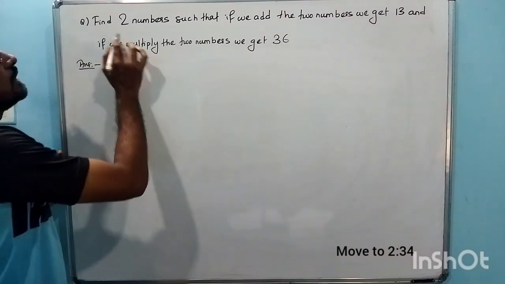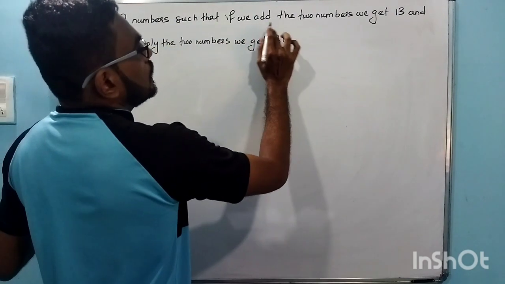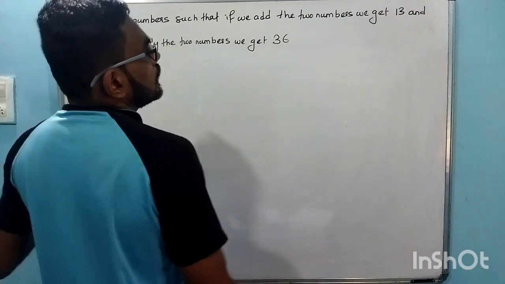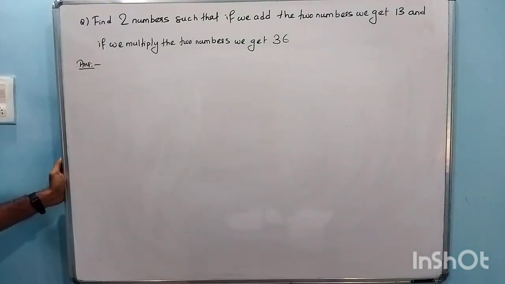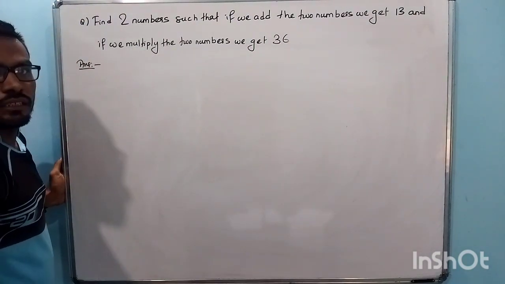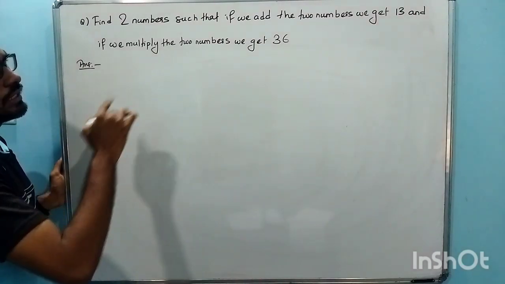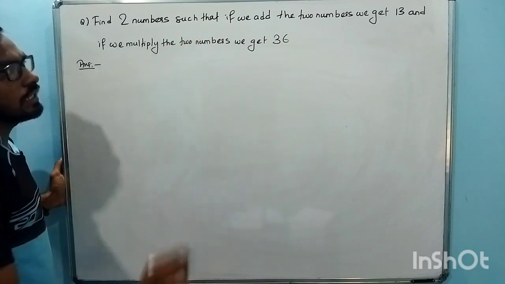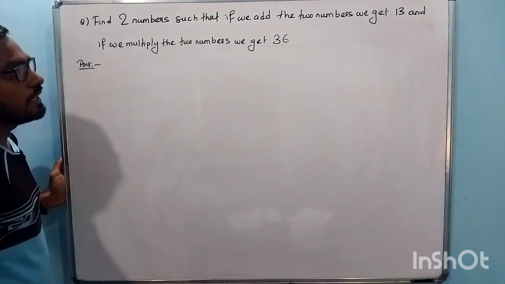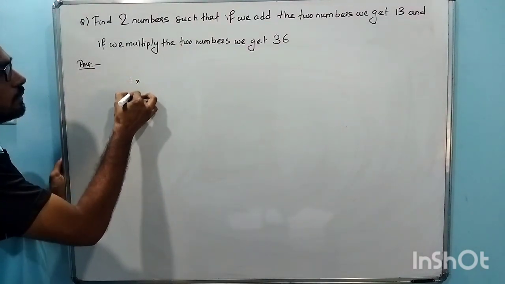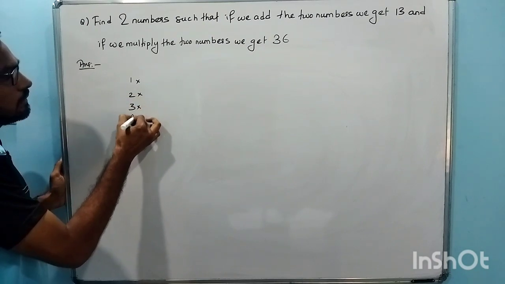See, find the two numbers such that if we add them we get 13, and if we multiply them we get 36. So how do we find these two numbers? First write 1 into, 2 into, 3 into, 4 into, 5 into, and so on.